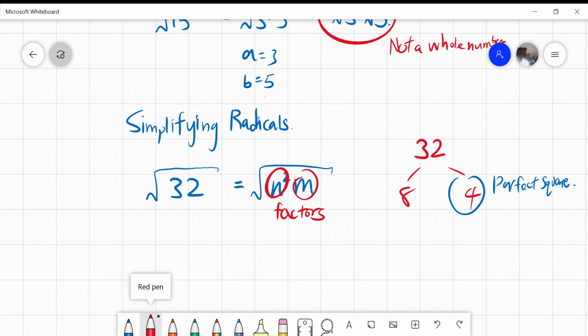But that's not the only perfect square. There's also 2 and 4, which makes 16, which is also a perfect square.